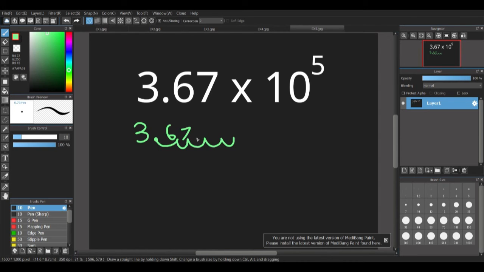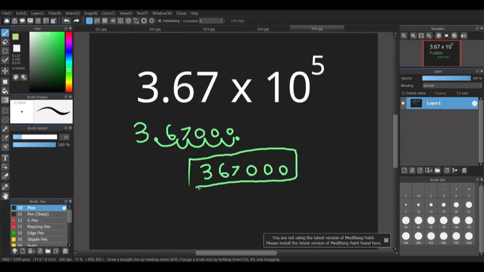And then we're going to fill in all those gaps with zeros. So here we would end up with 367,000. Now, you would see that the decimal is after those zeros, but if we put a decimal there, that would make this 6 significant figures, while the 3.67 is only 3. So we're going to leave this as our final answer and leave the decimal point as absent.